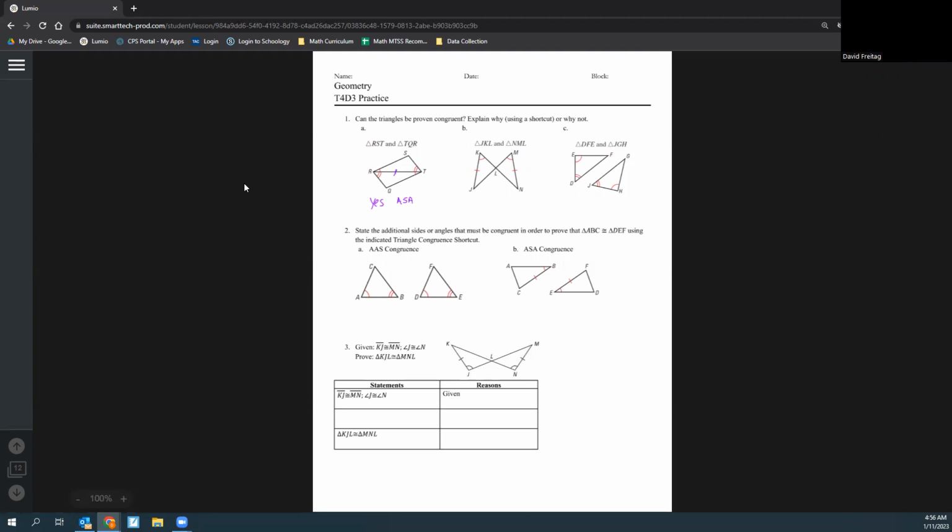If you look at B, this angle here, the same as that angle, which means I'm going to have angle, angle, side. So this is a yes, angle, angle, side. Angle C, or 3, the C is a no.